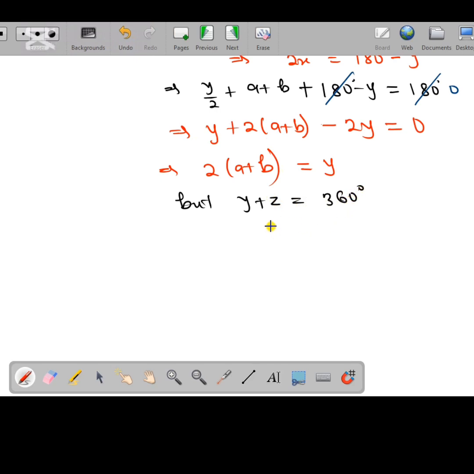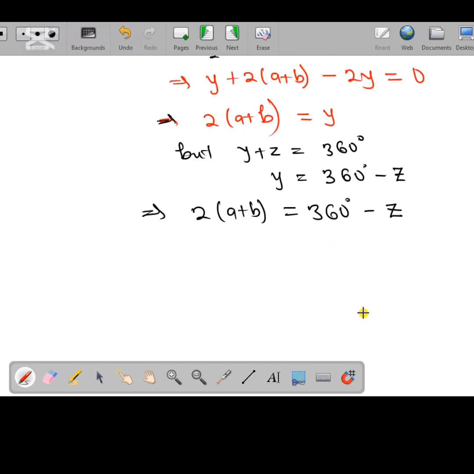So that means our Y is 360 degrees minus Z. In that case, if we bring it back to this equation, we are going to have that 2 into A plus B is equal to 360 degrees minus Z. And that will finally give us what we are looking for.